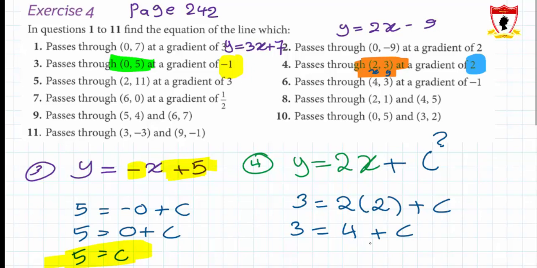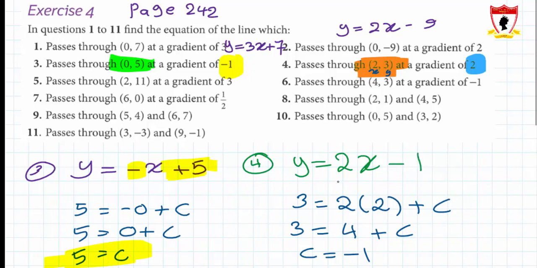What should we do to 4 to become 3? If we subtract 1, so it means c is equal to negative 1. So 4 minus 1 is equal to 3. We got the value of c. c is equal to negative 1. Now we can complete the equation. The equation of question 4 is y equals 2x minus 1.